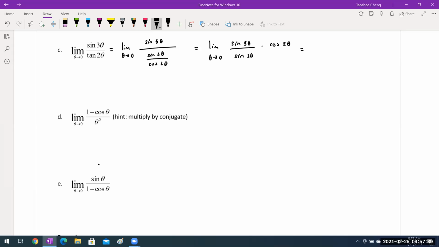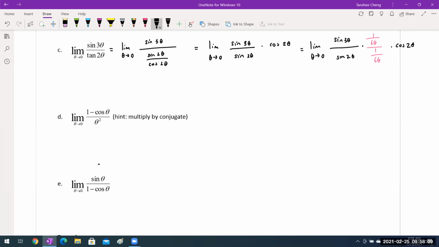So in this case, I can say the limit as theta approaches 0 of sine 3 theta over sine 2 theta. And I'm going to multiply by 1 over 6 theta, both numerator and denominator, which is multiplying by 1. Nothing wrong with it. This is one approach that I'm going with.